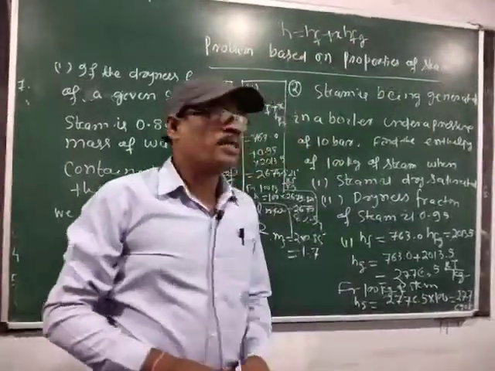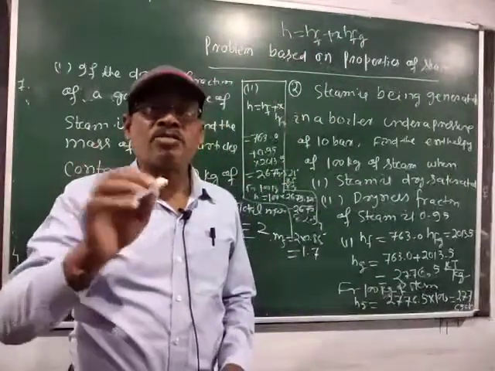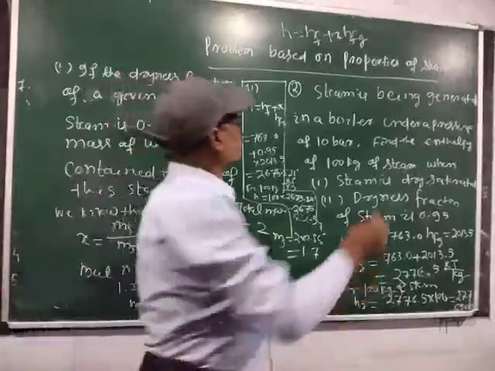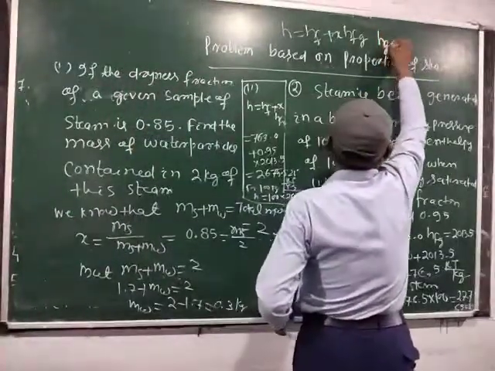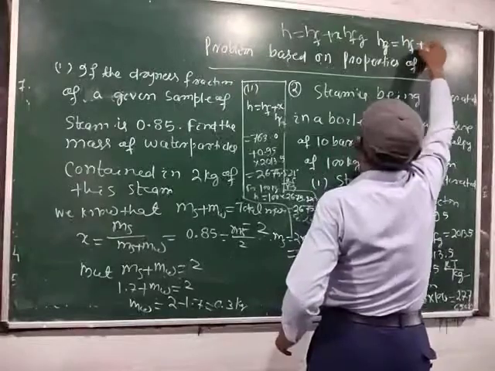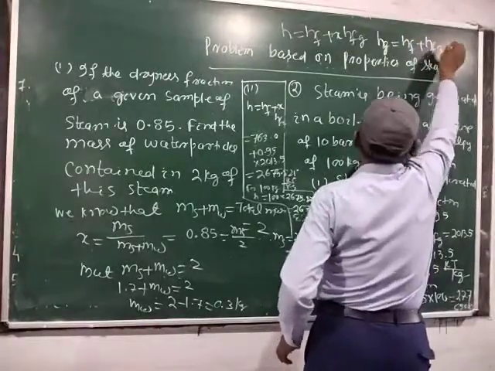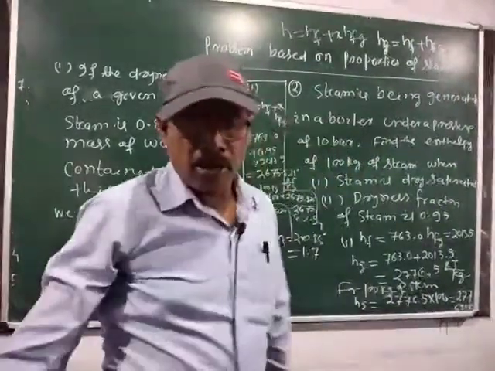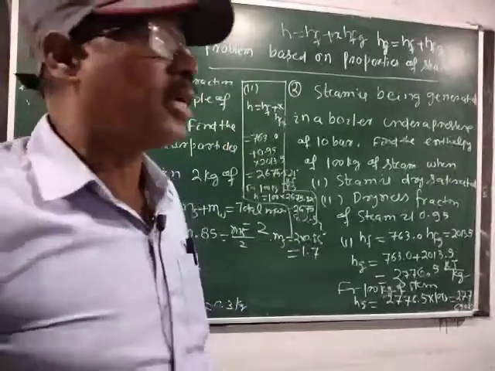Then what is total heat for dry saturated steam? It is given by the formula, you know that Hg is equal to Hf plus Hfg. Then what is the total heat for superheated steam?